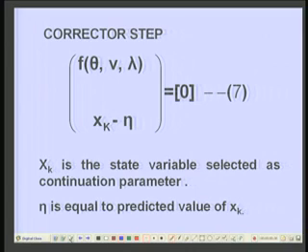The next step is the corrector step. The idea of the corrector step is to perform the load flow and get the solution.